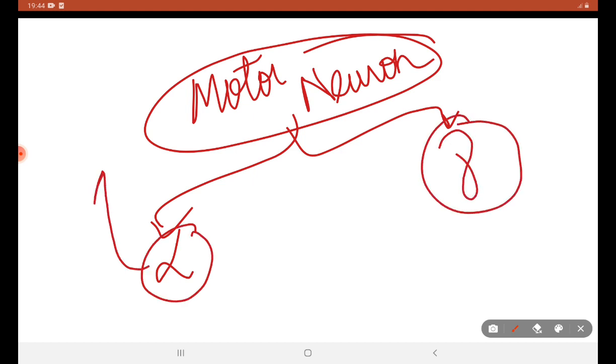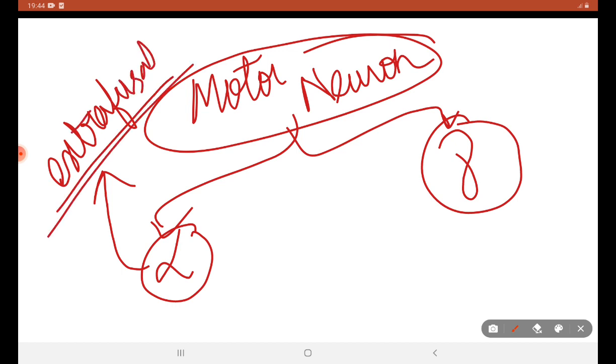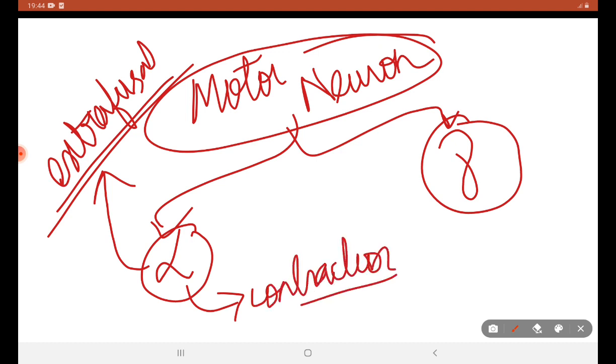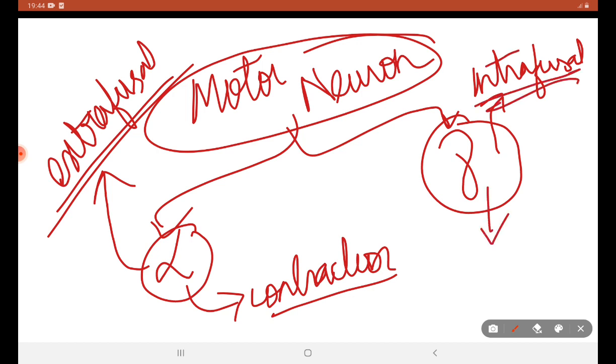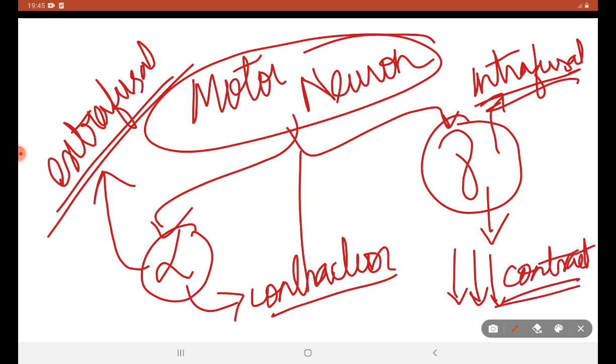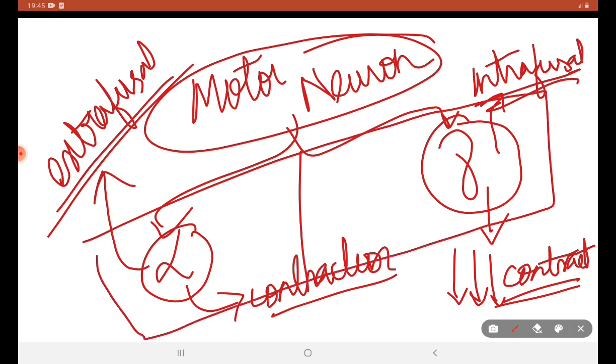Alpha motor neurons are present in extrafusal locations and are mainly concerned with contraction. Gamma motor neurons are present in intrafusal locations and function with less contracting ability. These are the two major functions of alpha and gamma motor neurons.